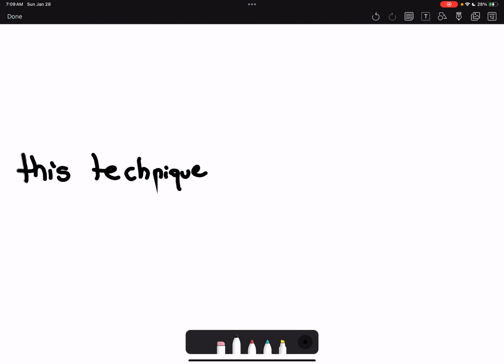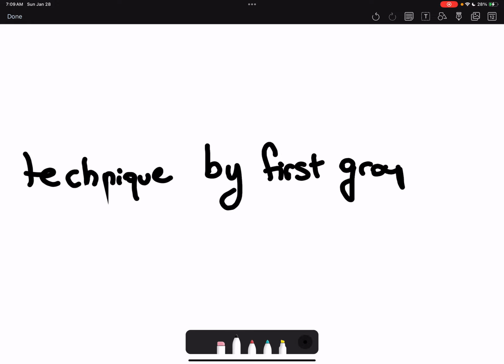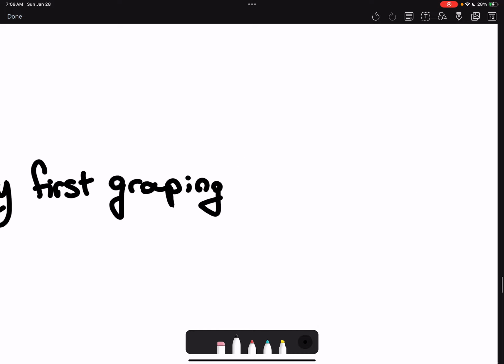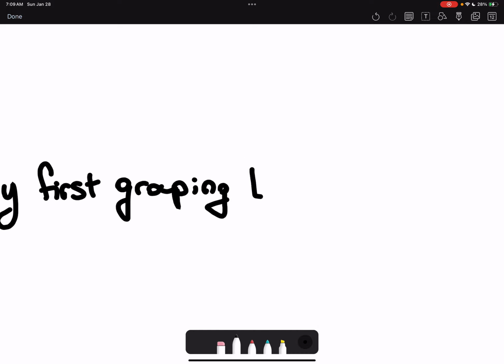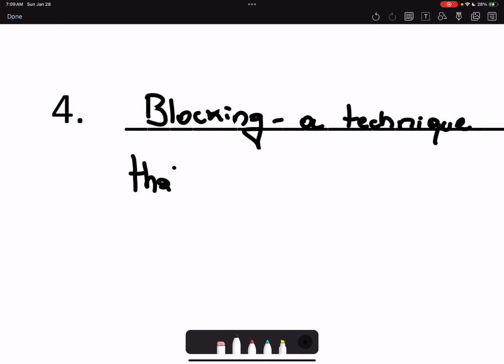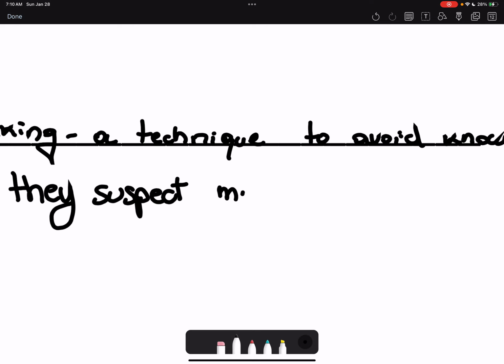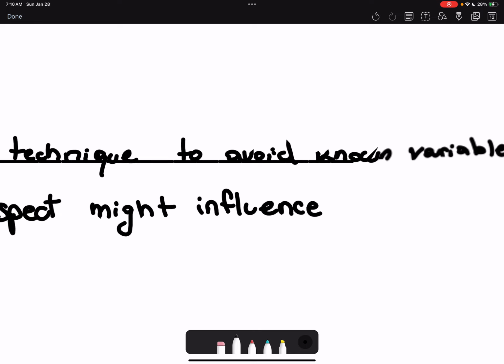So, the researchers apply this technique by first grouping based on a variable that they suspect might influence the result.